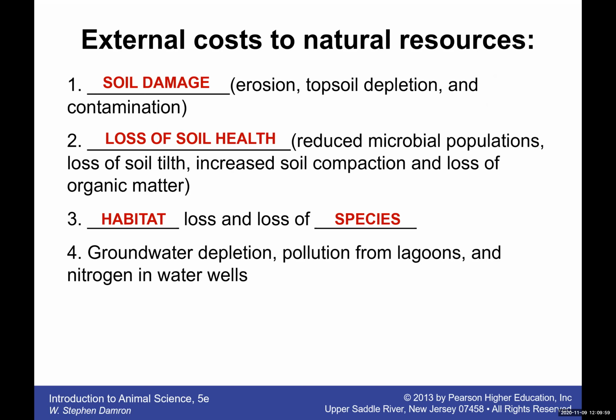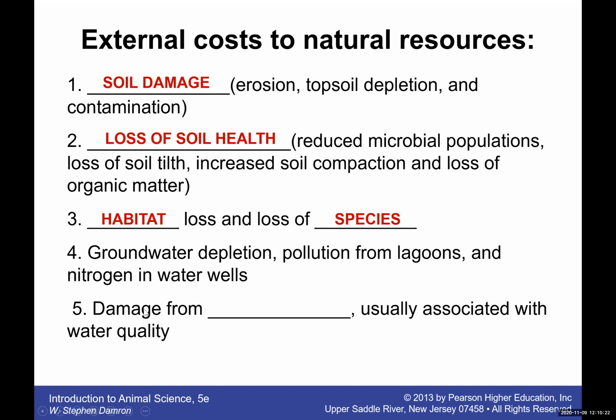Some of that is also contributed to overuse of fertilizers, which is a big problem, and that can happen in agriculture as well as places like residential areas and large golf courses, etc. But the main culprits are the nitrogen and the phosphorus that are running off. We also see damage from animal waste, and this is oftentimes associated with water quality, just like I discussed.